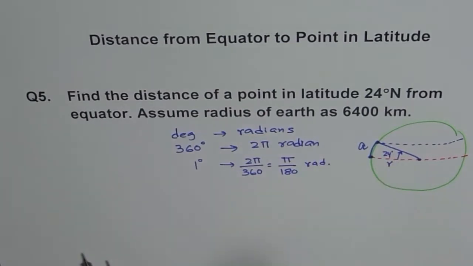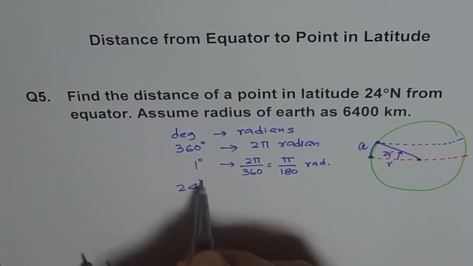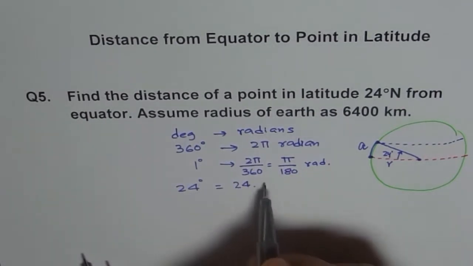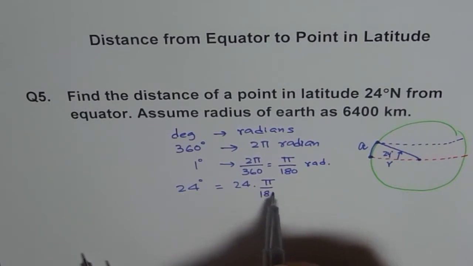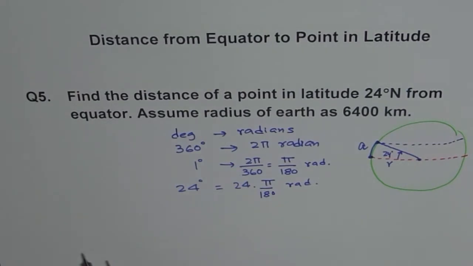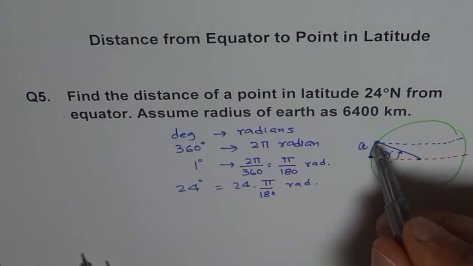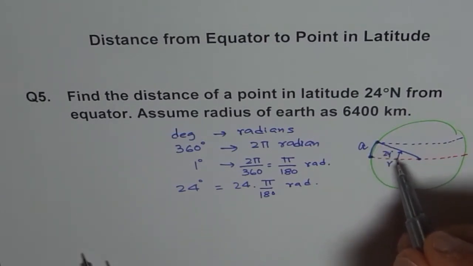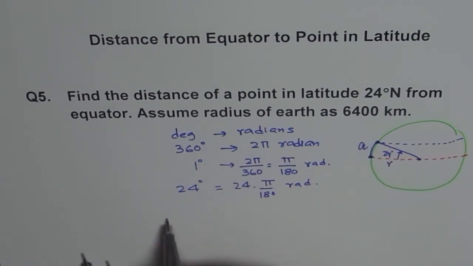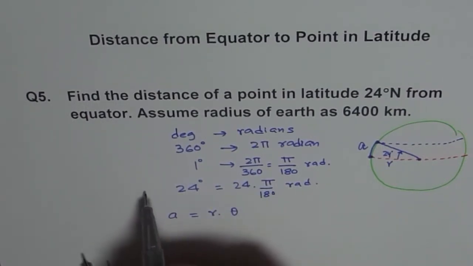Now here we have 24 degrees. So 24 degrees is equal to how many radians? 24 times pi over 180 radians. So by doing so, we have converted degrees to radians. And now what is the distance on the Earth? Distance A equals r times theta, where theta is this angle which we just calculated.